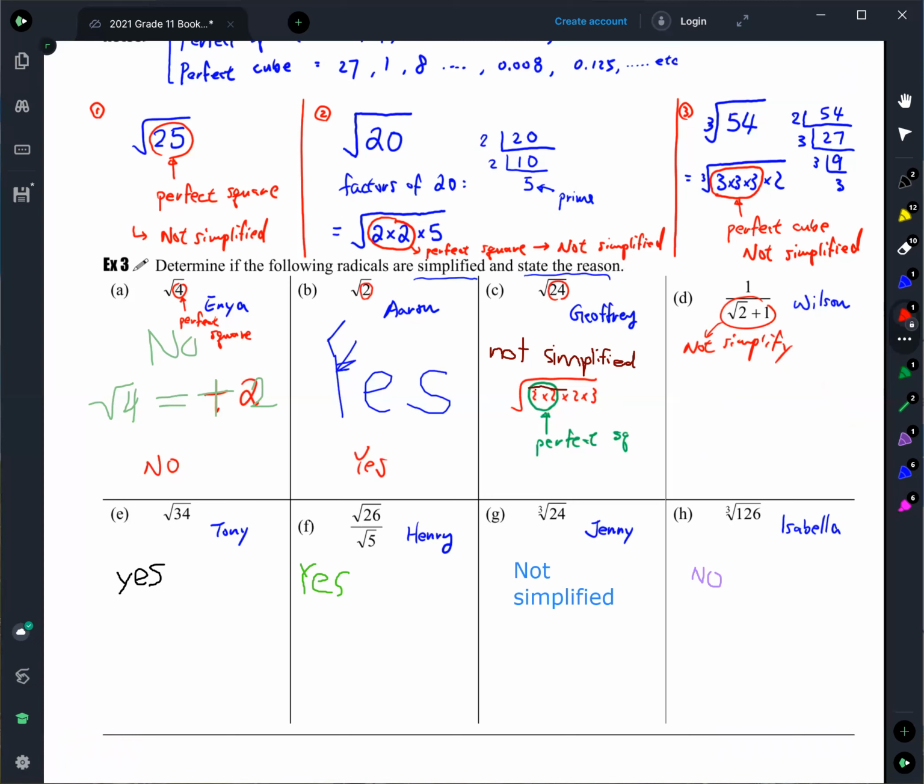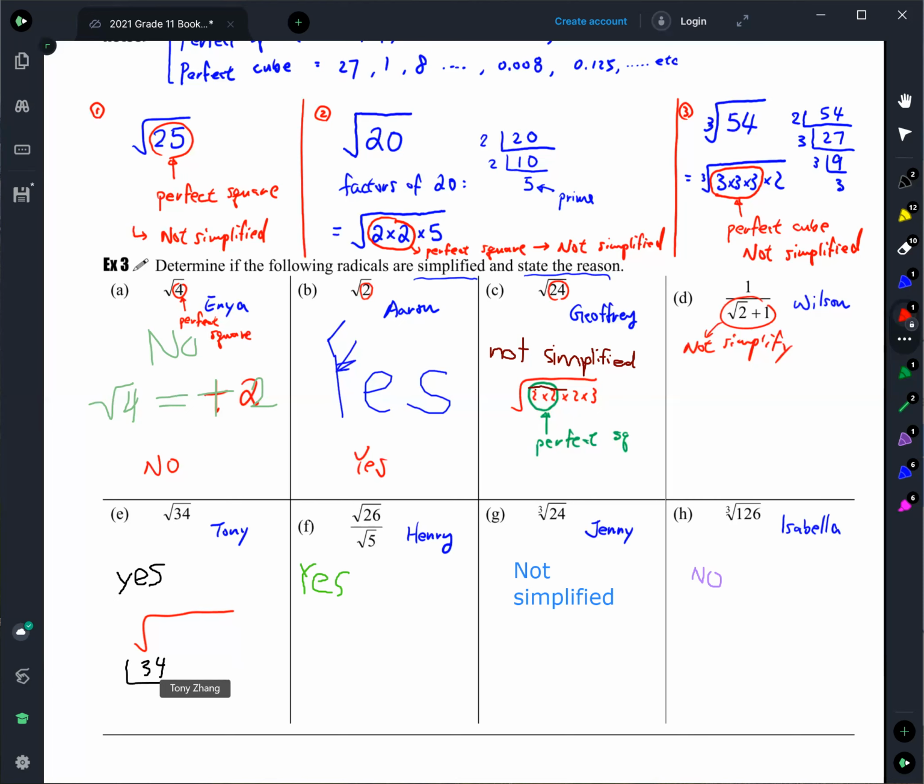All right, question E. So 34, how do you break down 34 into factors, Tony? How do you turn 34 into factors? You can do the factoring method. Yeah, and what factors do you find? Like this, and then you put 34 like this.